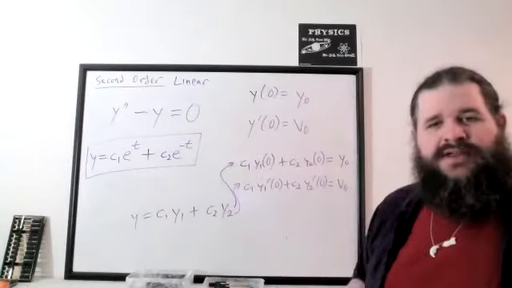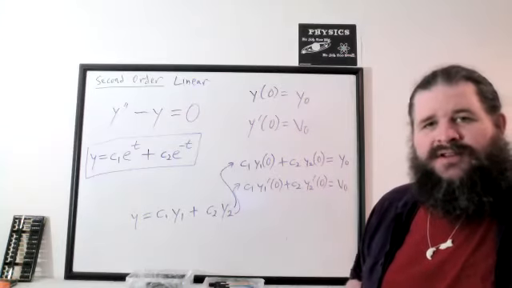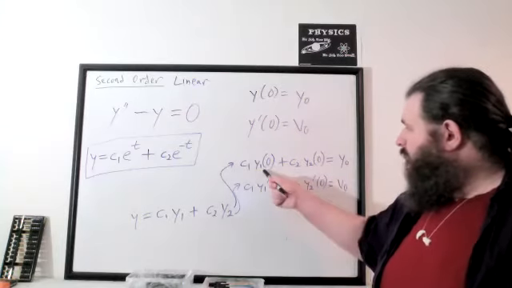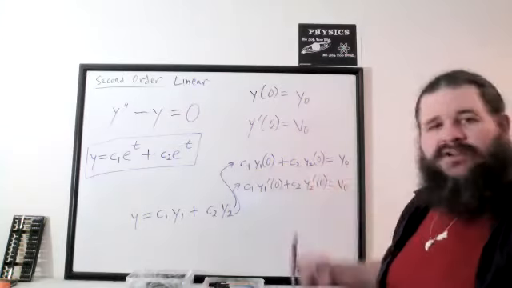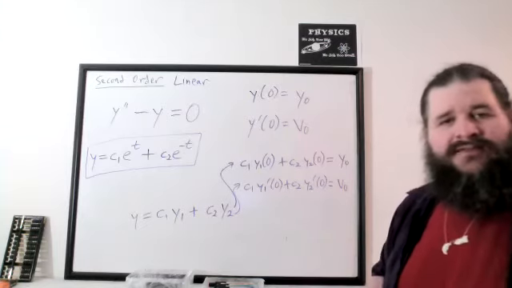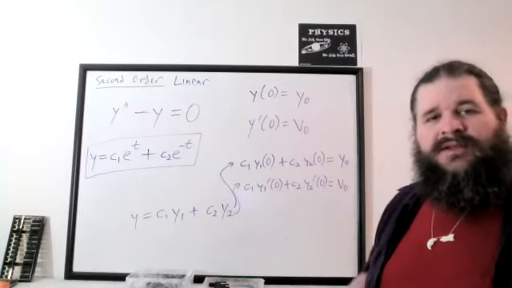So y1 and y2 are presumably known functions. You can plug in 0 for t or plug in whatever t value you've got. So y1 of 0 and y2 of 0 are just numbers. Likewise, you can take the derivative. So y1 prime of 0 and y2 prime of 0 are also just numbers. And y0 and v0 are the initial conditions that would also be given. So the only unknowns here would be C1 and C2.